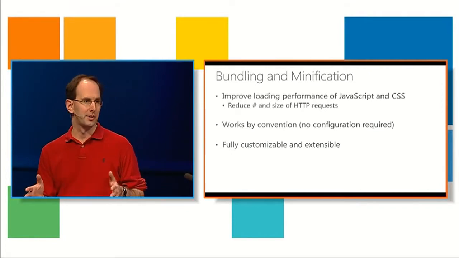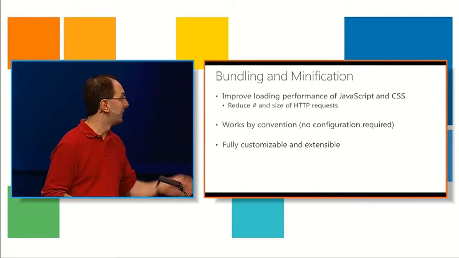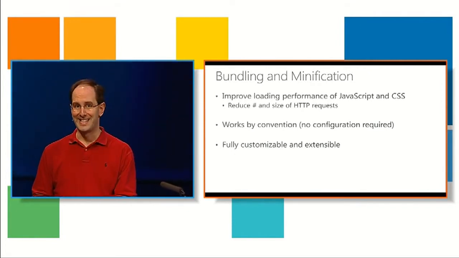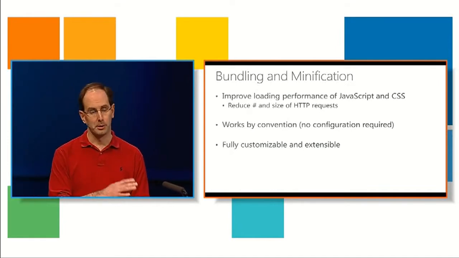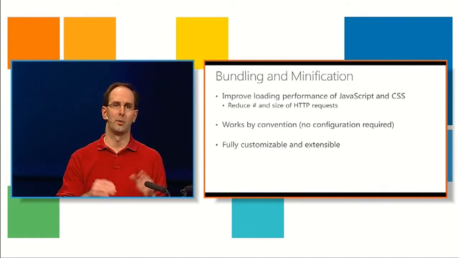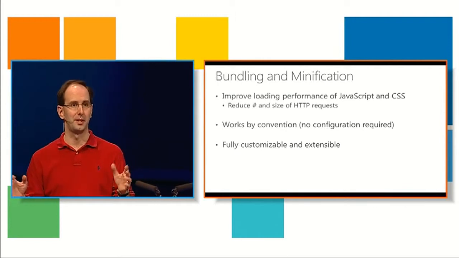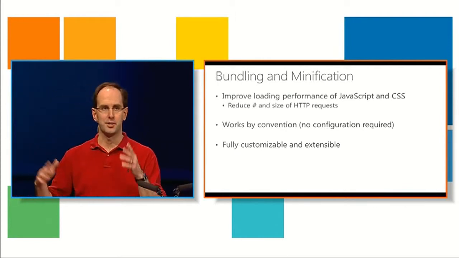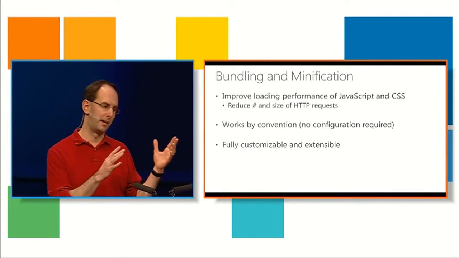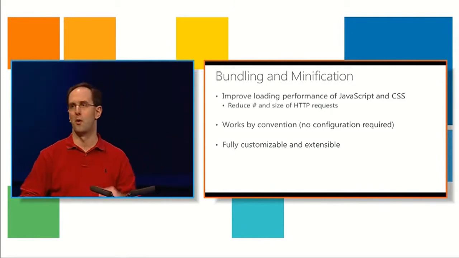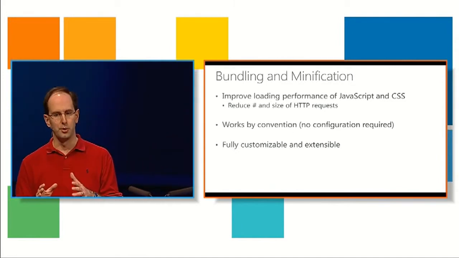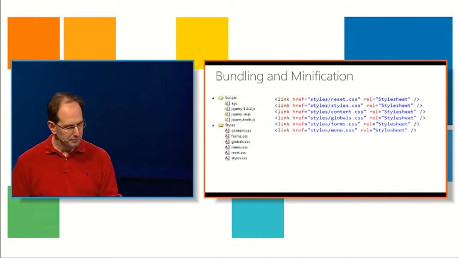Instead, you can just drop files in a directory and it just works. At the same time, though, it's fully customizable and extensible, so if you want to plug in your own custom pipeline, or do custom post-processing, or use CoffeeScript or Less or Sass or other languages that transform into JavaScript or CSS, you can do that as well, and it works great.